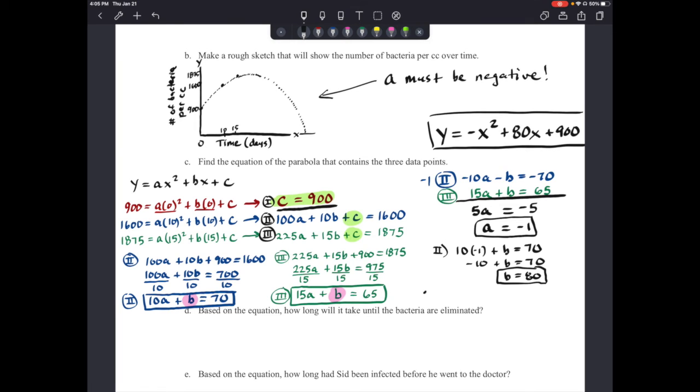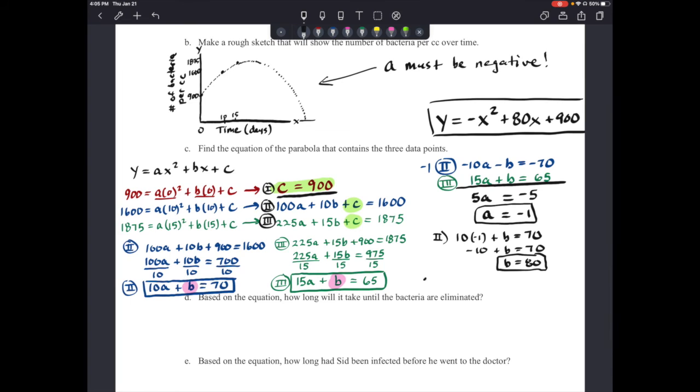All right, now that we have our equation, let's see what else it asks us to do. It says, based on the equation, how long will it take until the bacteria are eliminated? So let's think about it. When the bacteria are eliminated, we're thinking about when there are 0 bacteria.